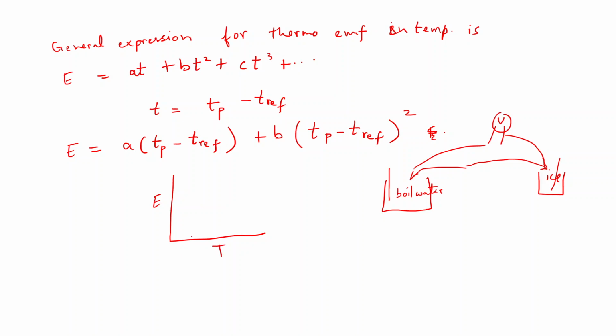We can plot them and see how the plot is changing. It could be linear, it may not be linear also, but if the higher order terms are negligible, then we may get a linear slope, and from this we will be able to find out this Seebeck coefficient, S. So this was that experiment.